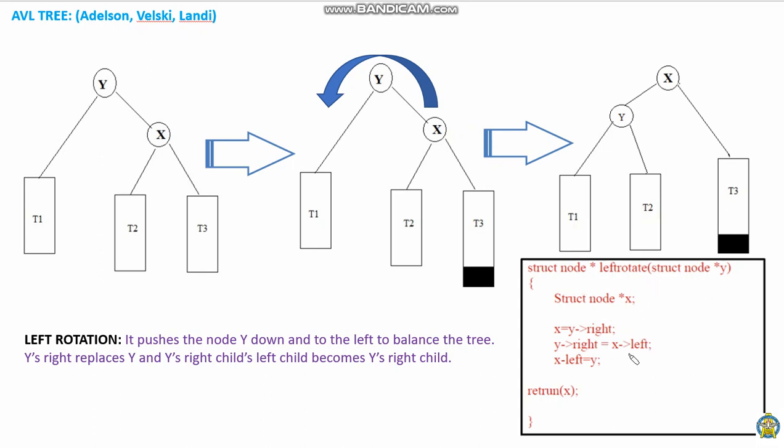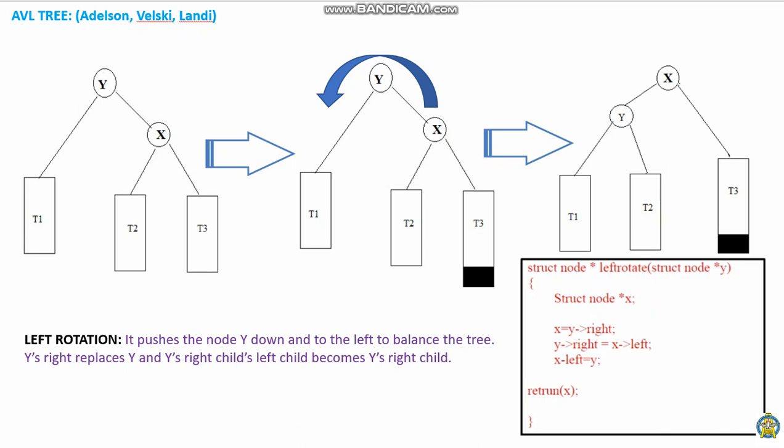So how does the left rotation take place? x becomes y's right, and x's left becomes y's right, then x's left becomes y, and return x, that is the new root. So one way to understand is that whatever comes on the right comes on the left next. So if you look at this rotation, I think this algorithm is clear. So this is a left rotation.